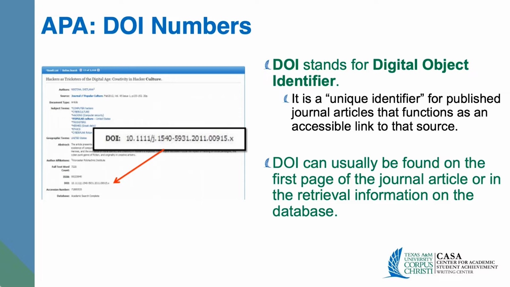Now, sometimes it will look like a website, like http://www.doi.com/10.111. If that is the case, you grab the entire link, the whole thing, not just the numbers.